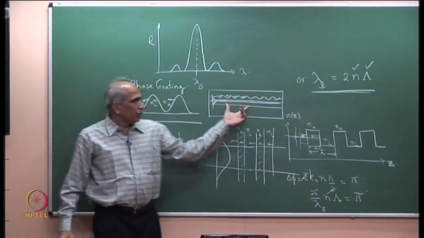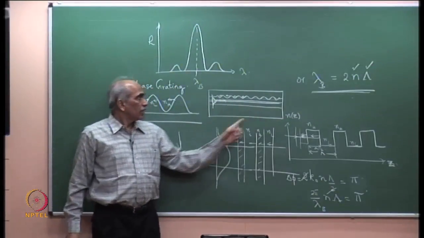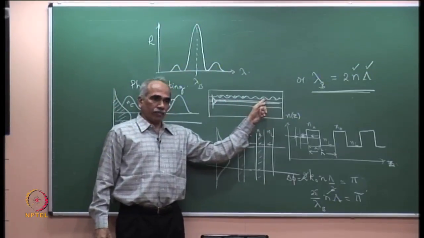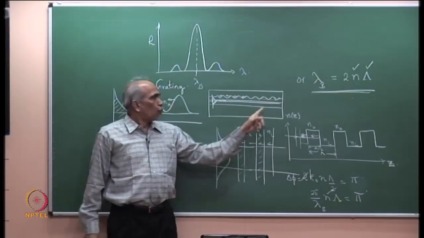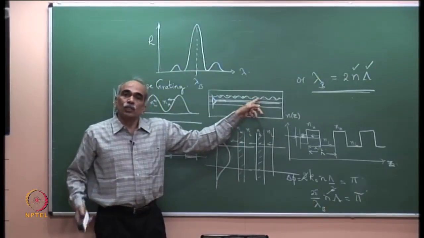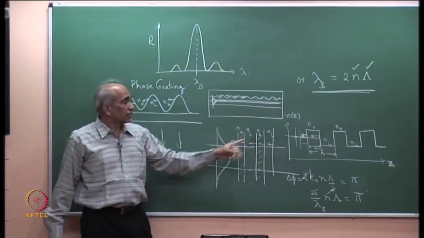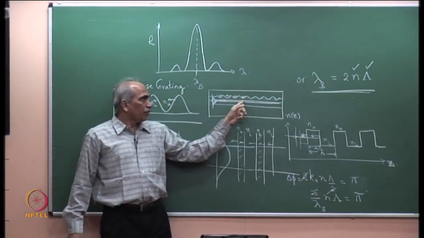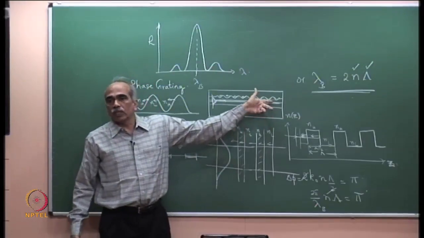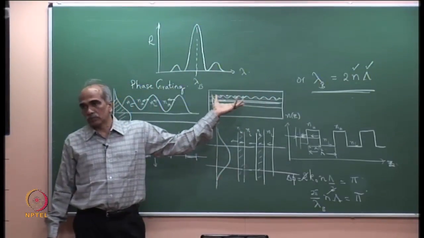So, a distributed feedback laser has a phase grating in the cladding region. Two points. Why in the cladding? Because the fabrication process should not introduce defects. If there are defects in the active region, the core, it will be detrimental to the performance of the source.